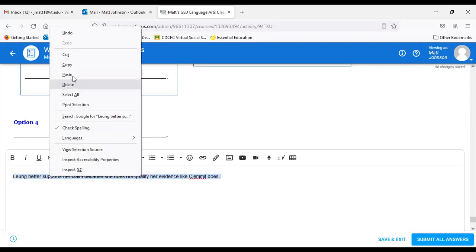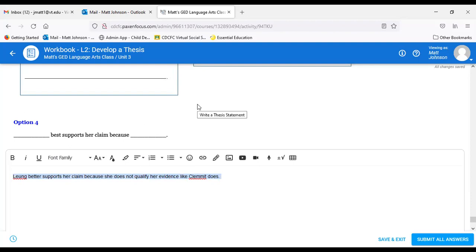Yeah. So I was just thinking about it. I don't know if it were to be me, let's say in exams, can I write something like Liang better supports her claim because she gives an accurate evidence that supports her claim?